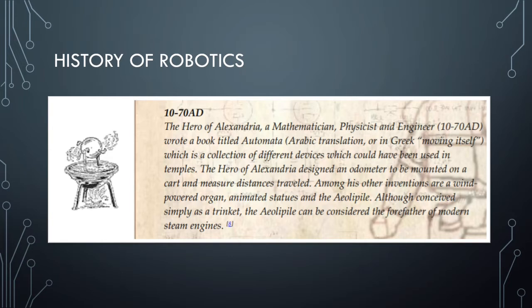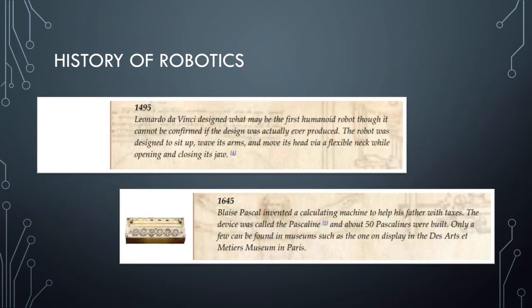We have essentially a foundation for steam engines, all of this being conceived and created in rudimentary designs between 10 and 70 AD. I won't go through every detail of the history of robotics in painstaking detail. I do just want to cover some of the key highlights so that we can see how robotics have progressed over the past several hundred years.